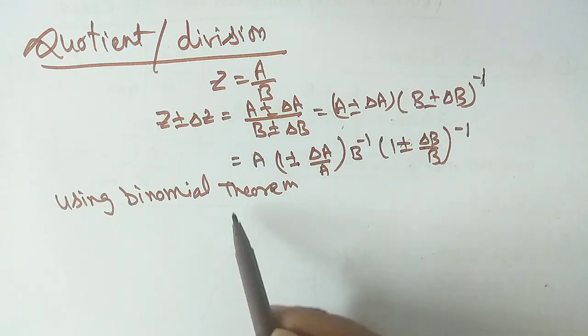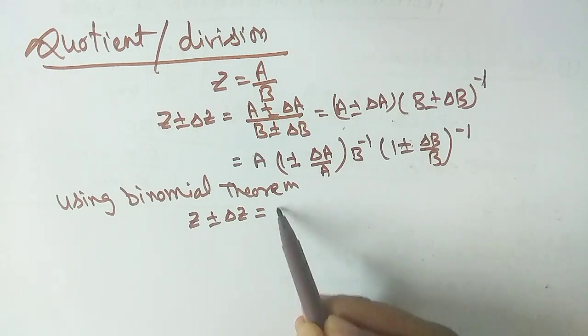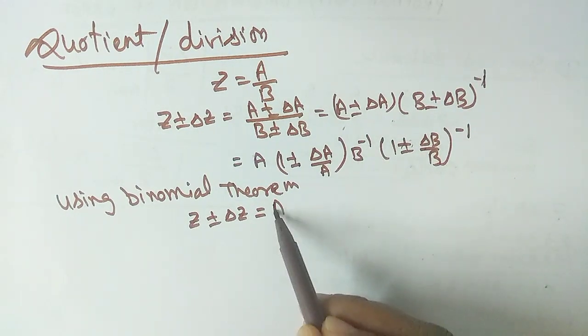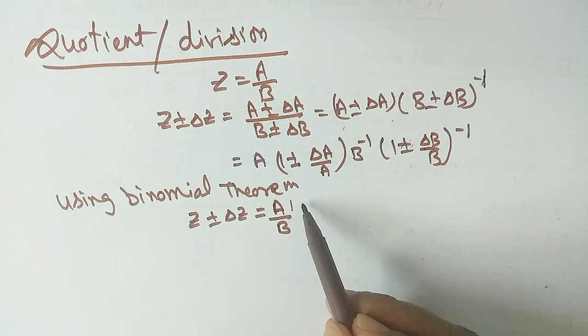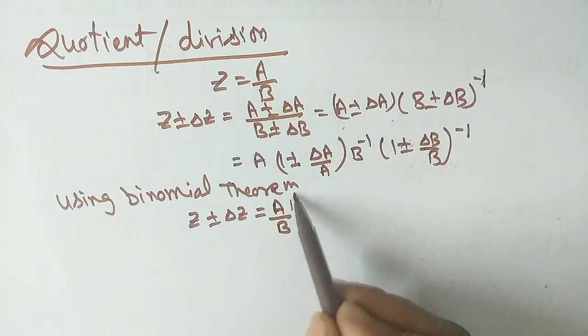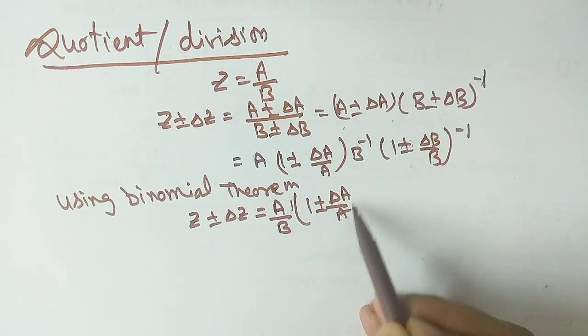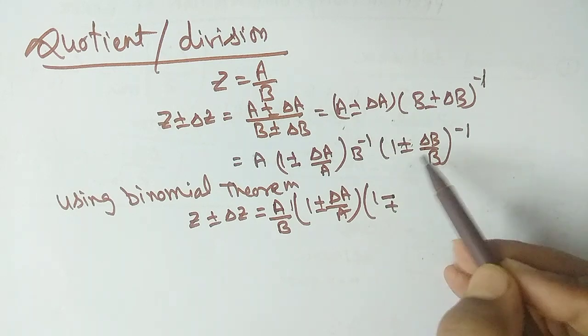So you will write Z plus minus delta Z is equal to A upon B, since B to the power minus 1 means A upon B. So A upon B into 1 plus minus delta A upon A, into 1 minus plus delta B upon B, as it is multiplied by minus 1.